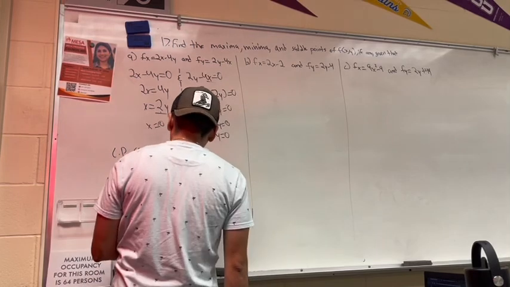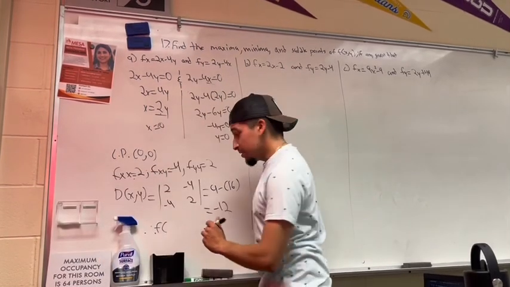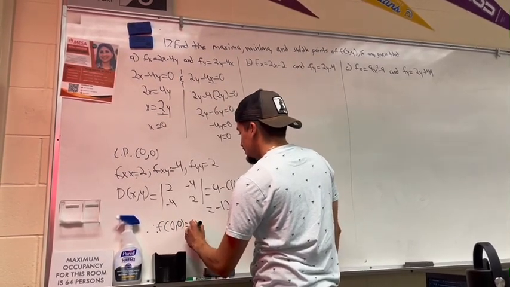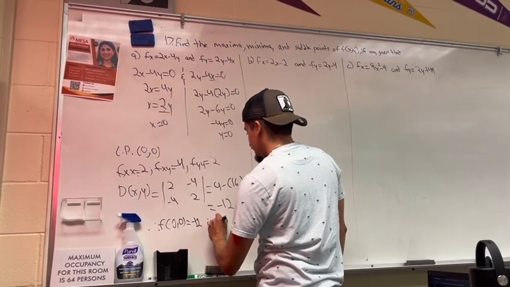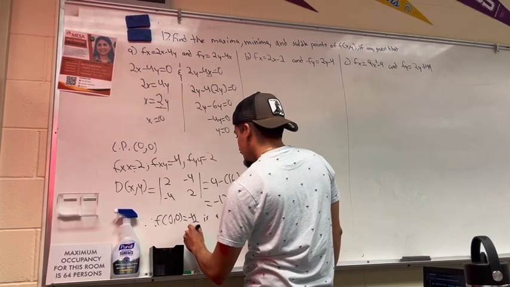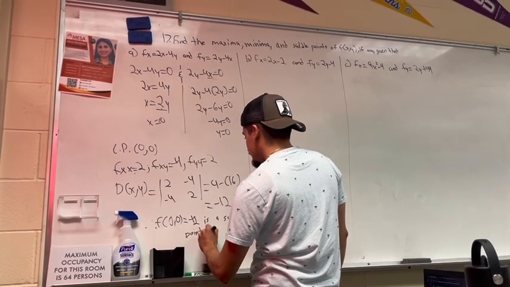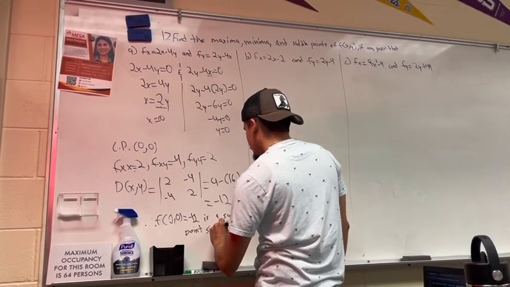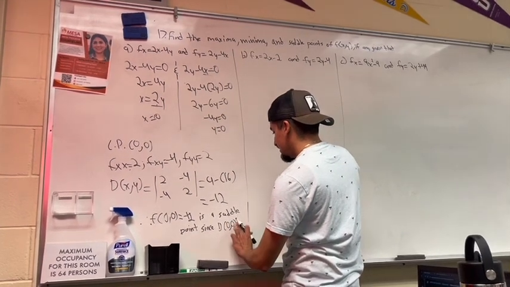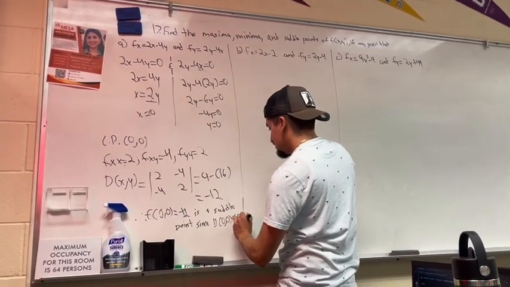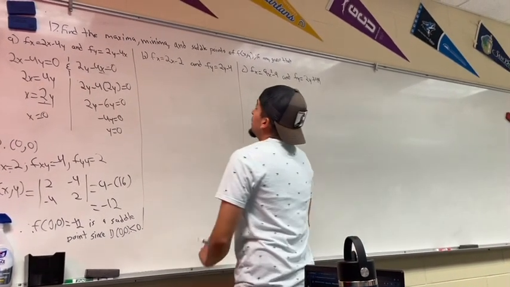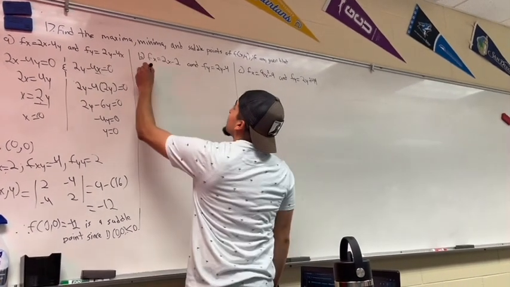Therefore, our D of 0, 0 equals negative 12, so it is a saddle point, since our D of 0, 0 is less than 0, right? That's for part A.